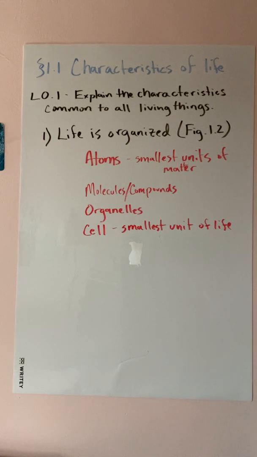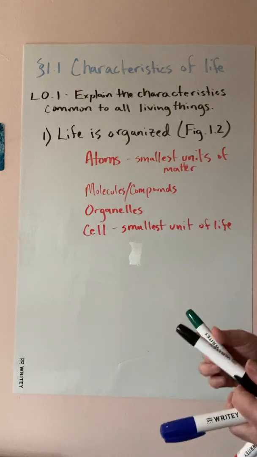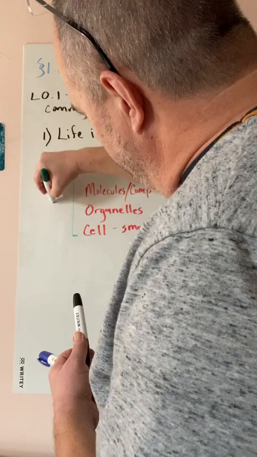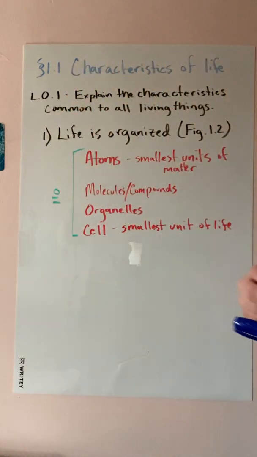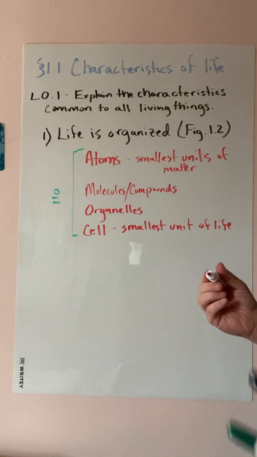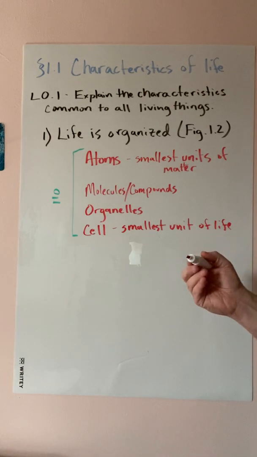Cells are the smallest units of life. This will be what we go over in 110. This is our goal, to get you all the information you need to know on this level of the organizational life so that you can go on to take anatomy and physiology, genetics, or microbiology.